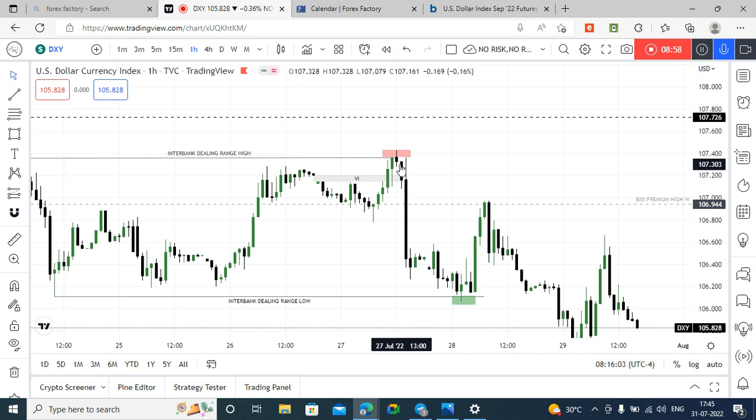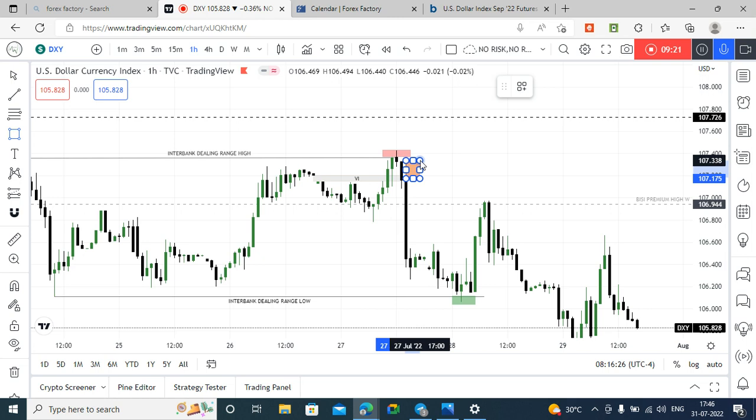This large candle first fills this imbalance, the left side imbalance, which means the body of this candle level was filled by this candle wick, okay. This is ICT BPR range also, okay.